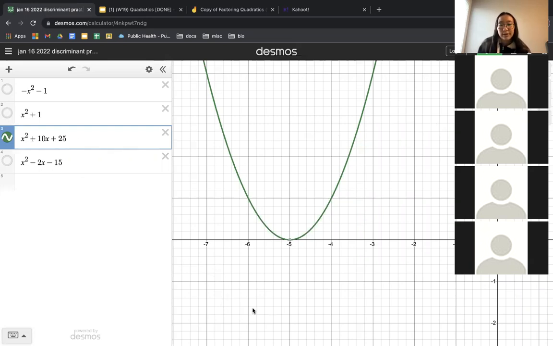So quickly in the chat or out loud, who remembers what the formula for the discriminant is? I do. All right, you can say it. Negative B plus or minus square root of, wait, that's the whole quadratic formula. The discriminant is just part of the quadratic formula.